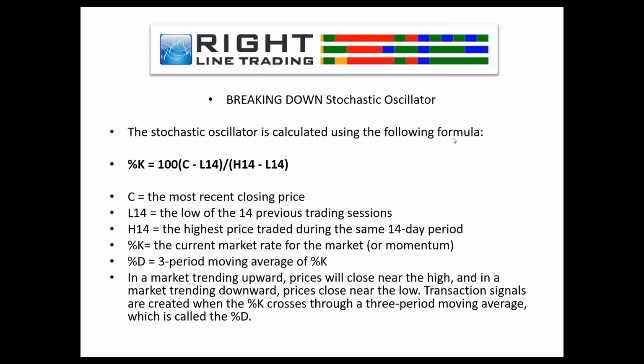Now, just to quickly look at the formula for an oscillator, this is a stochastic oscillator. And all of the oscillators, whether they're stochastic, relative strength, Williams percent K, ADR, ADX, use essentially the same formula. C is the most recent closing price. This is a 14-period moving average of the previous session lows or candle lows.